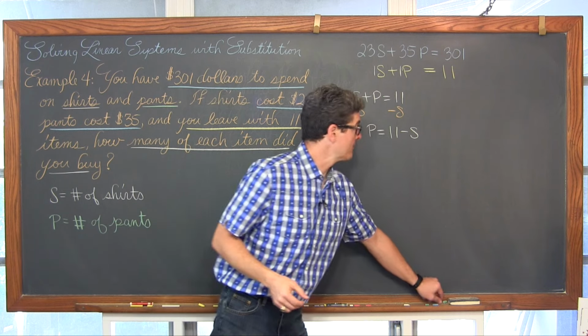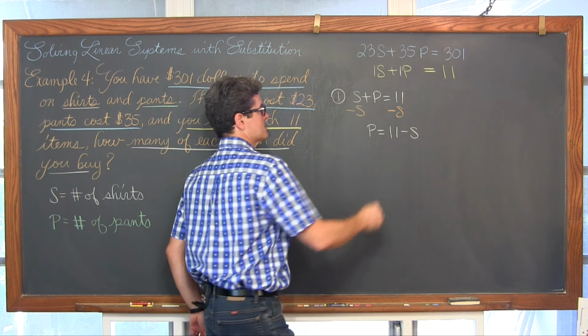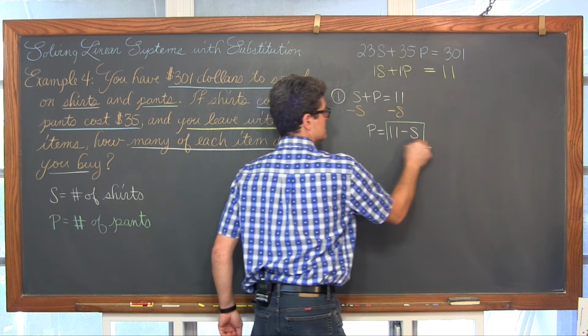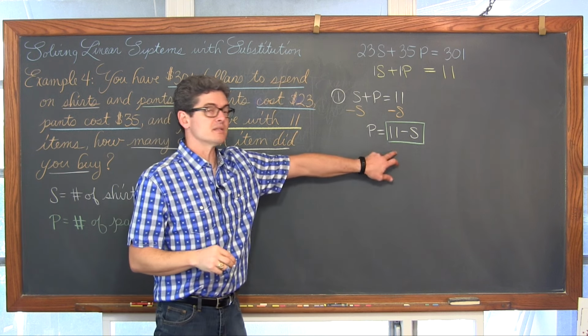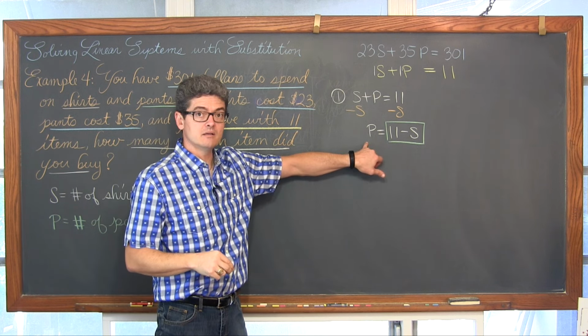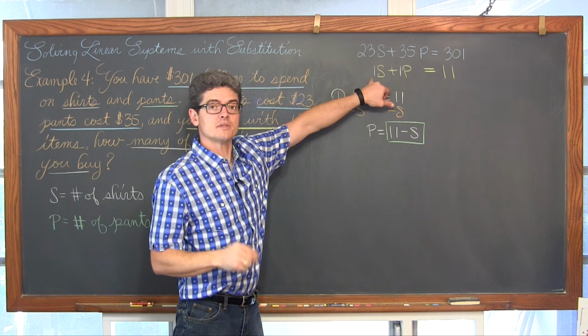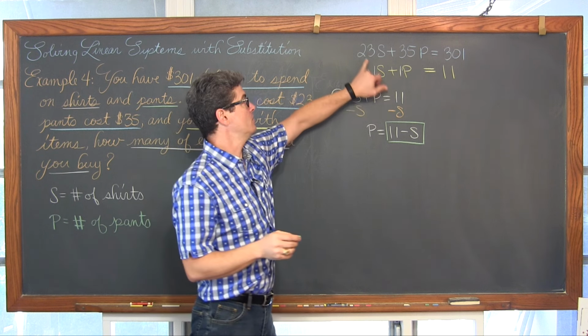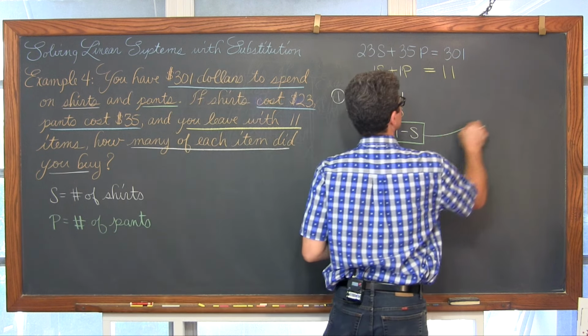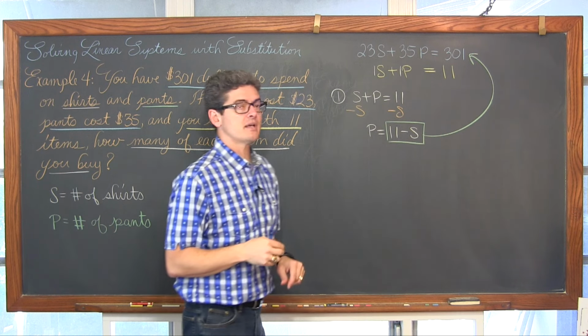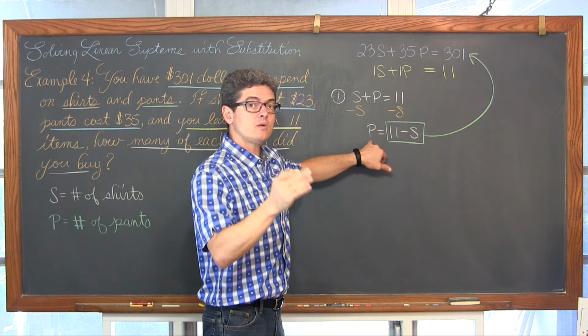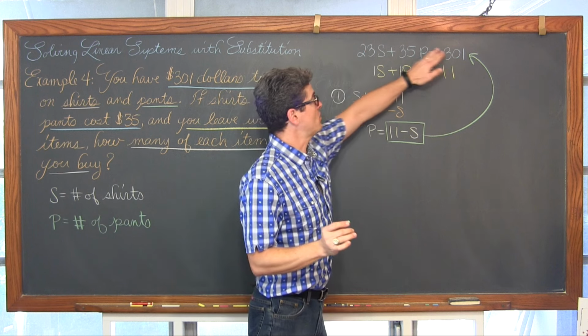How about green? We're going to recognize now that we've got an expression of 11 minus s equal to p. And we've already started working with the second equation. So we're going to plug this expression of 11 minus s, which is equal to p, into the first equation.